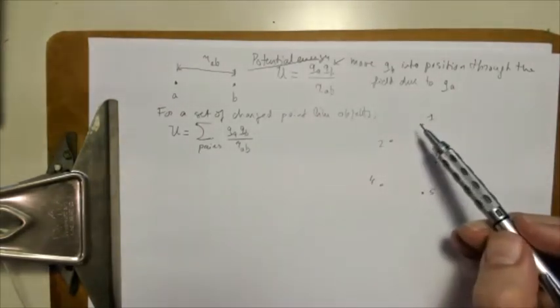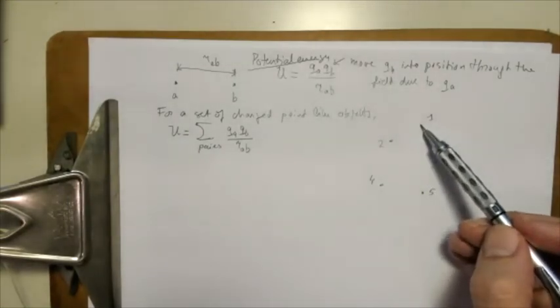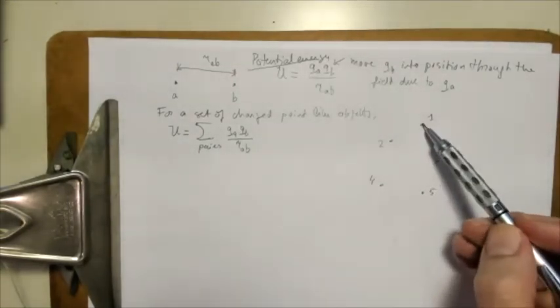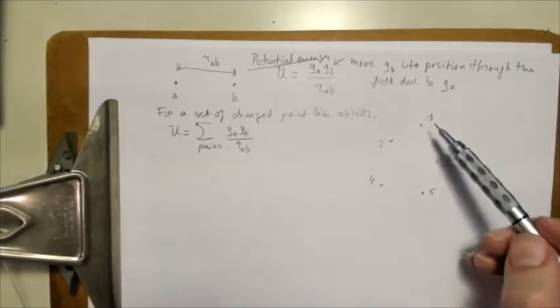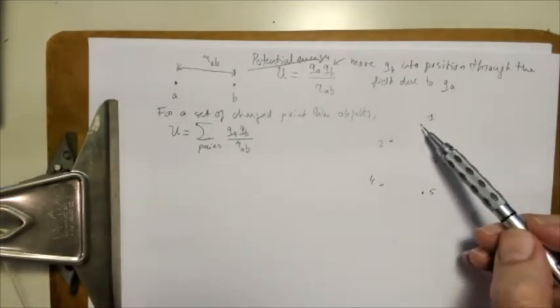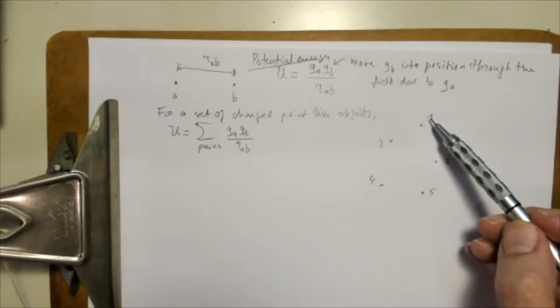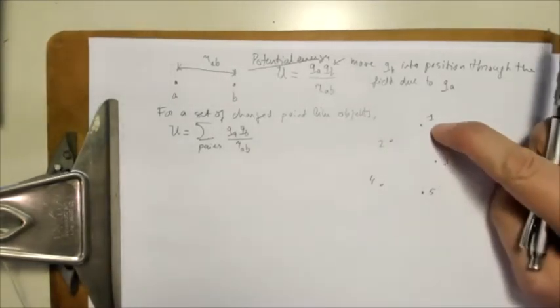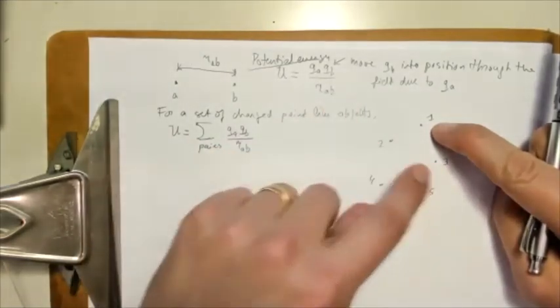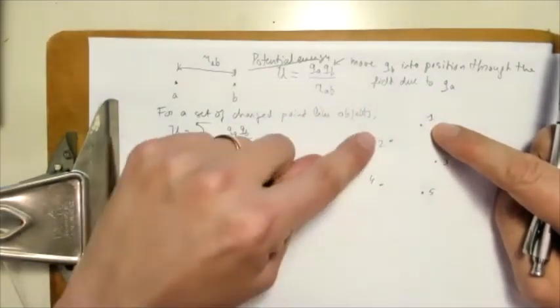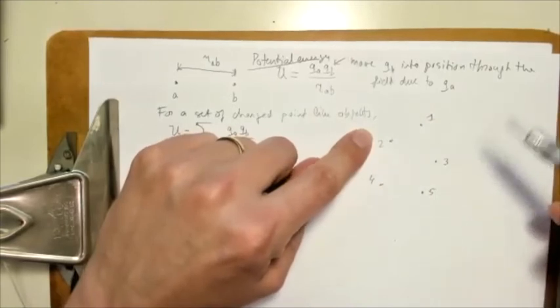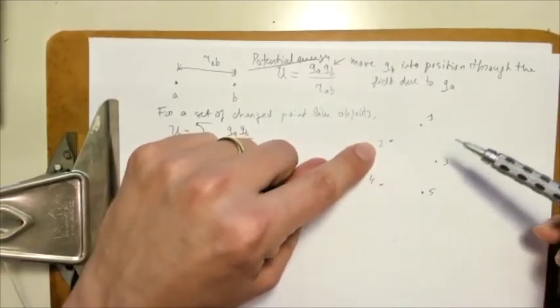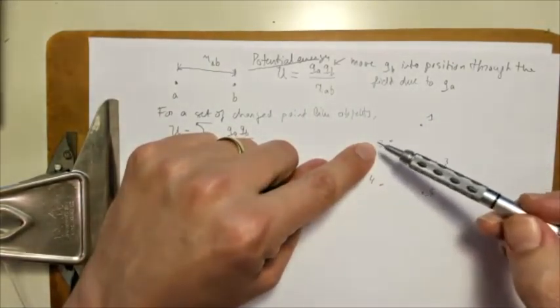What does that mean? Well, you start with this object number 1, and you say, okay, which of these charged objects are considered forming a pair with charged object number 1? That means you're going to pair it up with 2, 3, 4, and 5. Then you're going to take 2, and you're going to say, which other charged objects would together constitute a pair with 2.